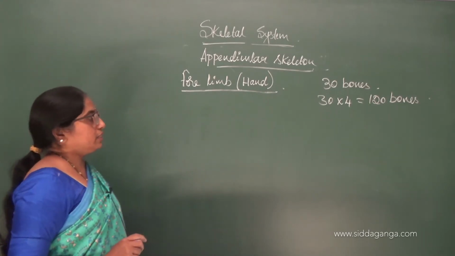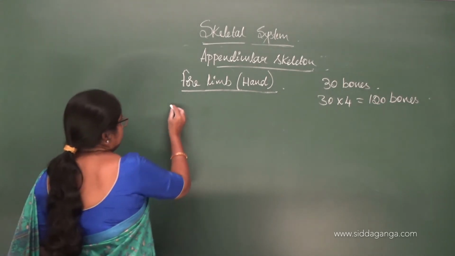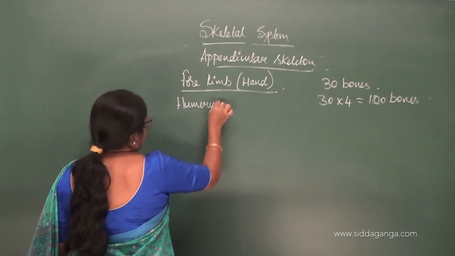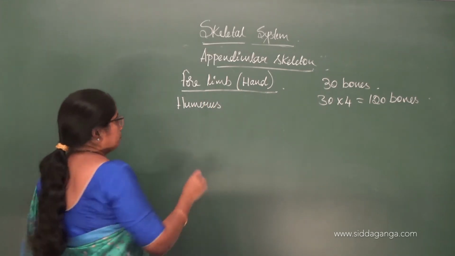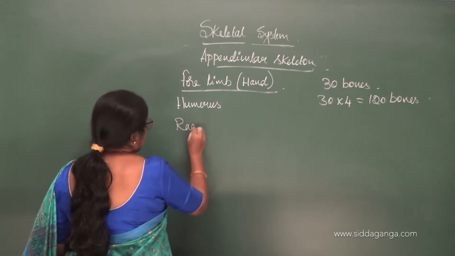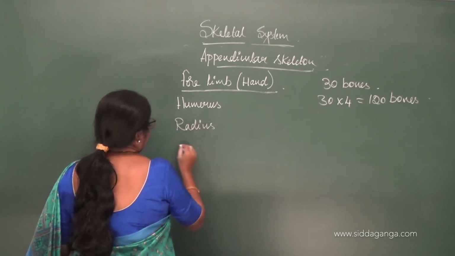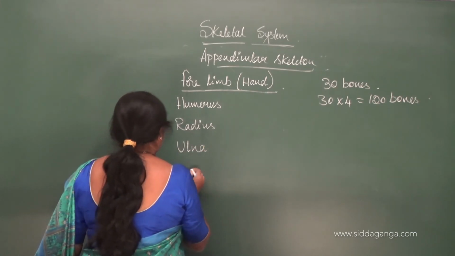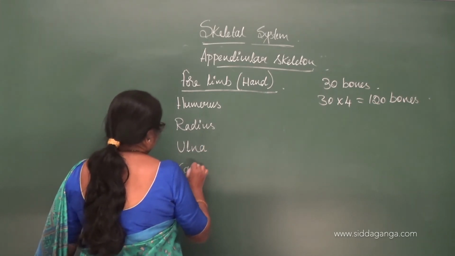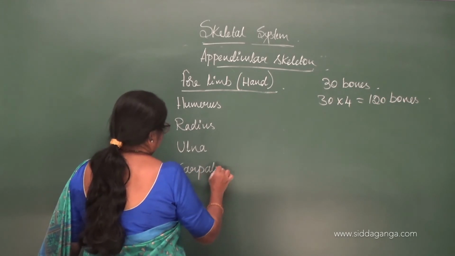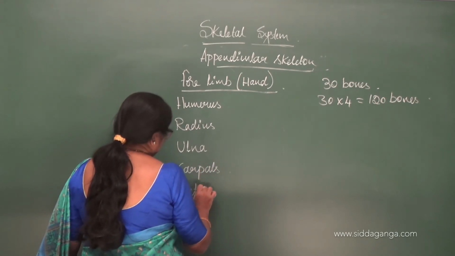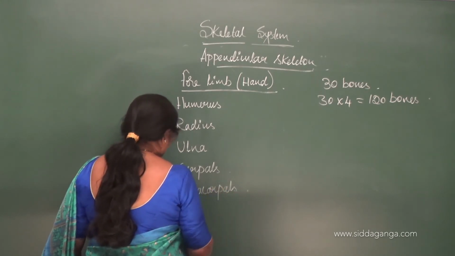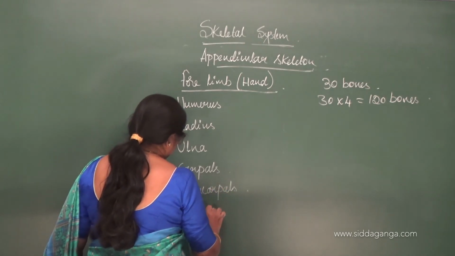The forelimb, that is the hand, consists of the bones like humerus, that is the shoulder bone, radius, the ulna, carpals, metacarpals, and phalanges.